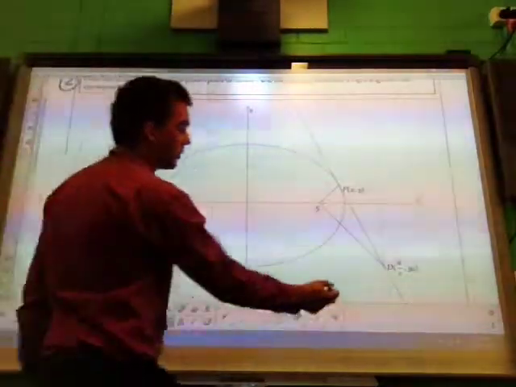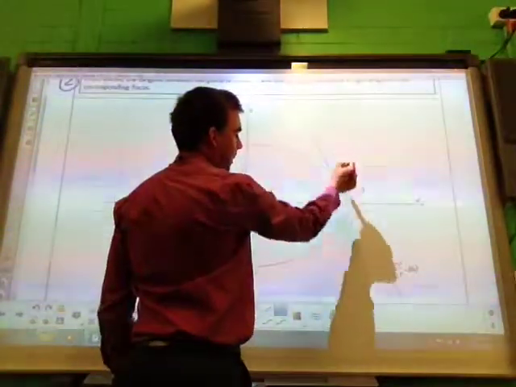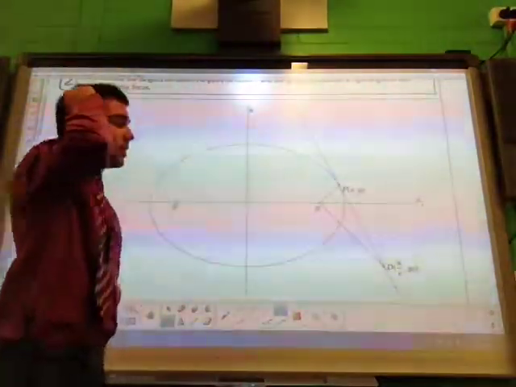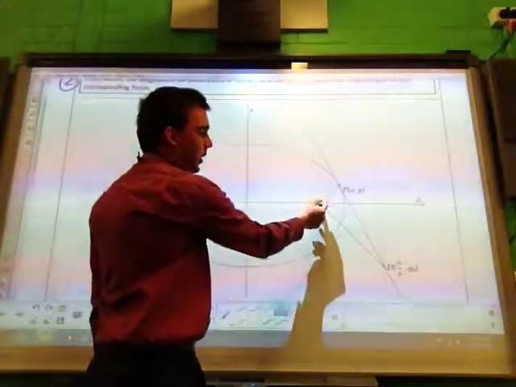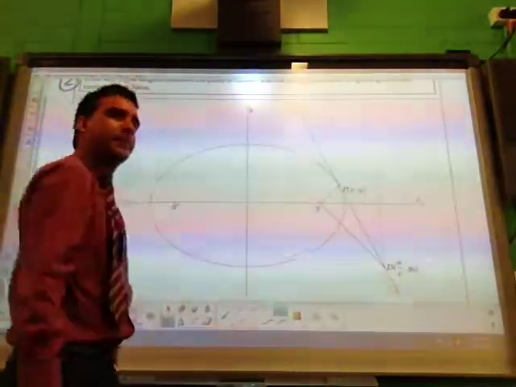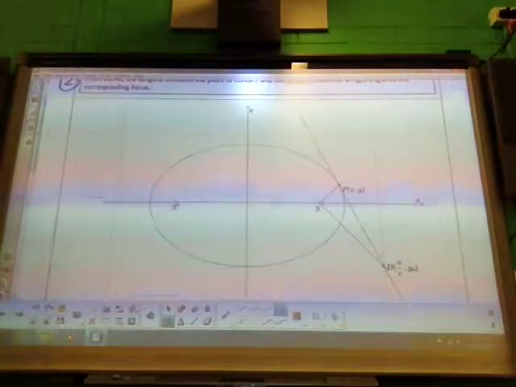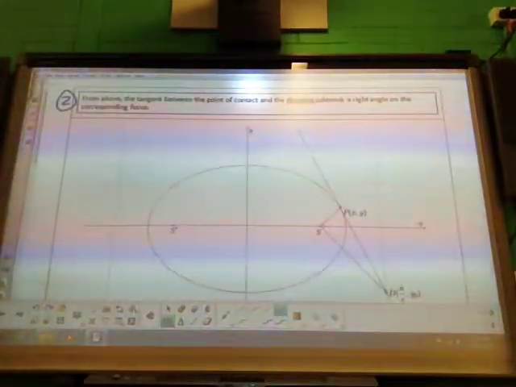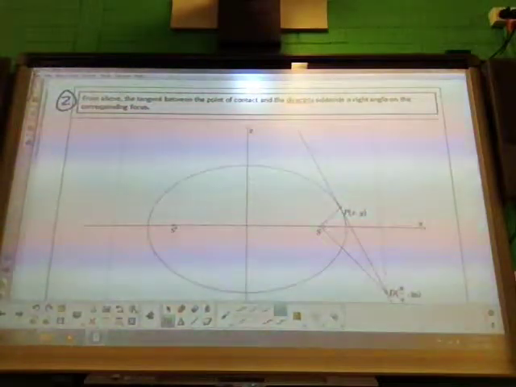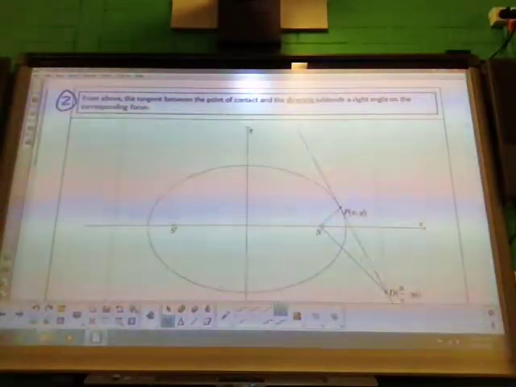So you pick some point on the directrix, tangent at the point P, and then join the focus with D and P, it'll always form a right angle. So the tangent between the point of contact and the directrix will subtend a right angle at its corresponding focus.